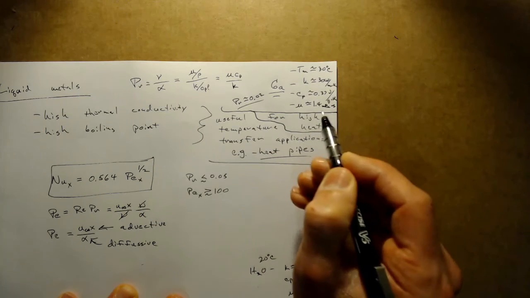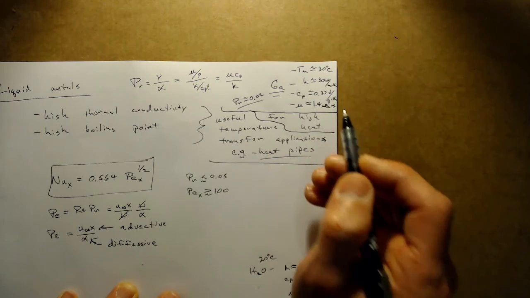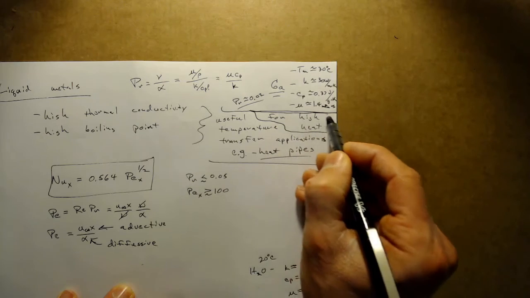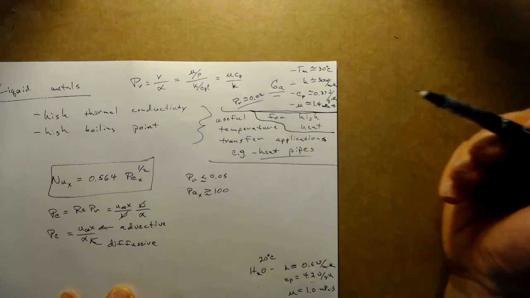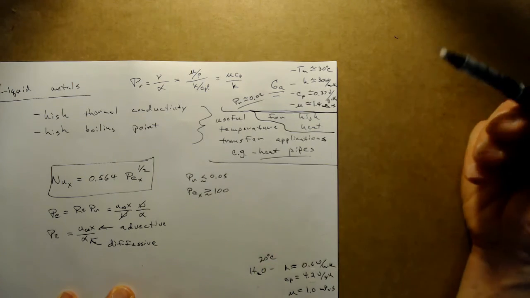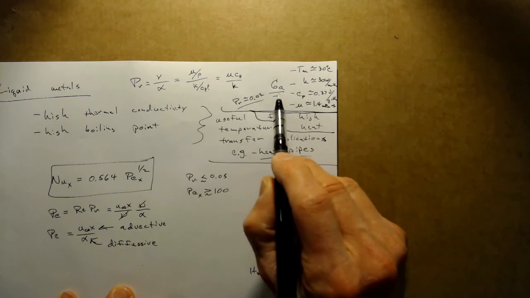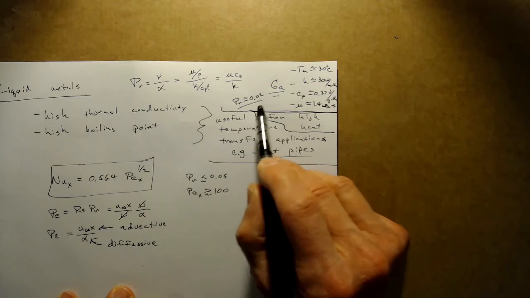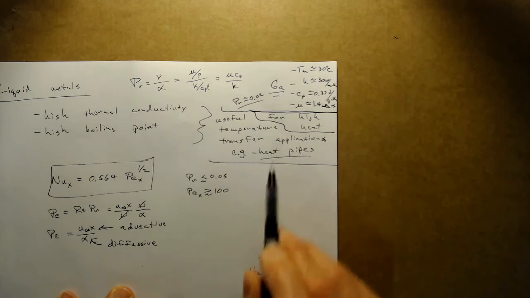Sorry, I'm going to just redraw a line here, to exclude that text, which doesn't really make sense. These are useful for high temperature heat transfer applications. And so the Prandtl number for gallium around its melting point might be 0.02.